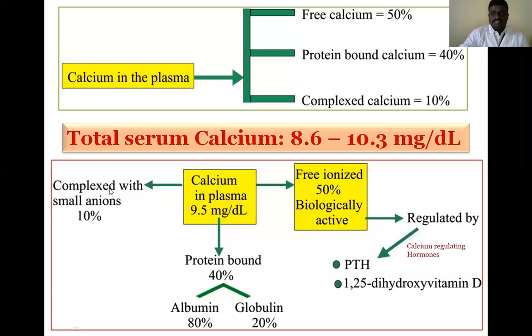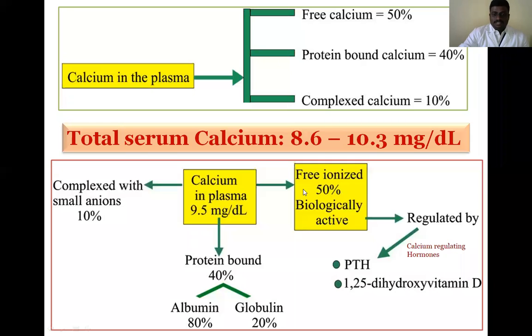Calcium has a positive ionic charge, so calcium is a cation and always binds with anions. The remaining 40% of the calcium is bound with proteins. Of that 40% protein bound calcium, 80% is bound with albumin and 20% with globulin.